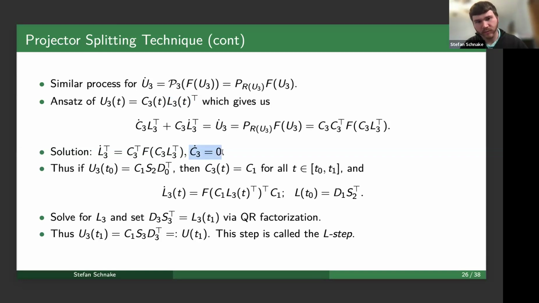And you can show that C is really constant in time, so it's just going to be the C1 you had from before, and you're going to update the L via a similar type of equation where you fix the C this time because it's constant in time.